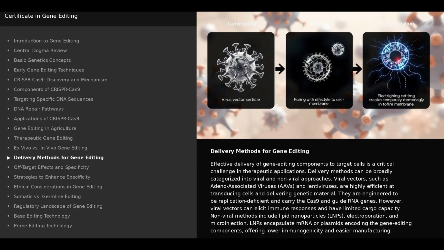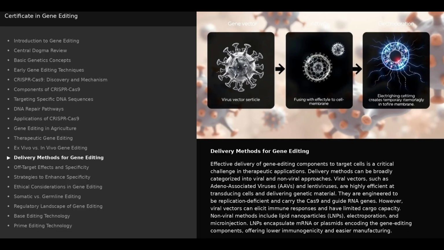Non-viral methods include lipid nanoparticles, LNPs, electroporation, and microinjection. LNPs encapsulate mRNA or plasmids encoding the gene editing components, offering lower immunogenicity and easier manufacturing. Electroporation uses electrical pulses to create temporary pores in cell membranes, allowing entry of the editing machinery.